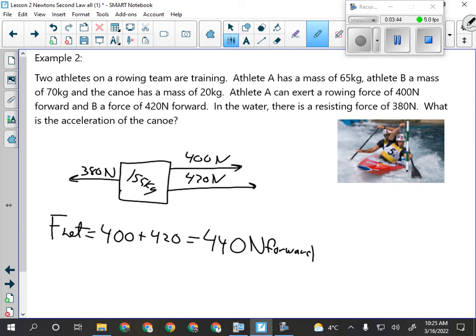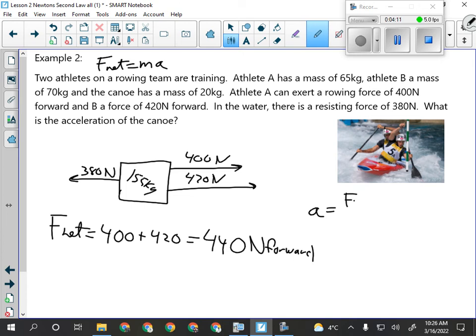So that's one way to calculate F net. What's the other way to calculate F net? Since I know what F net is, and I know the mass, can I use that to get the acceleration? That's my next step.